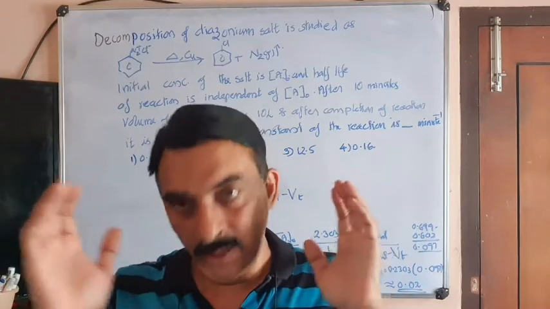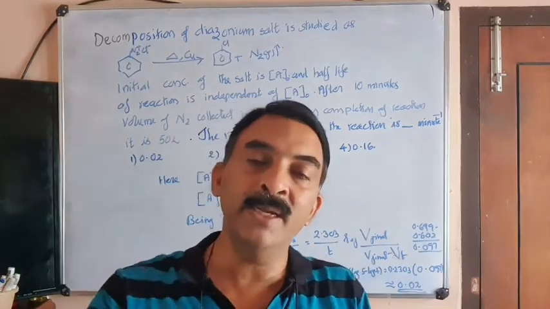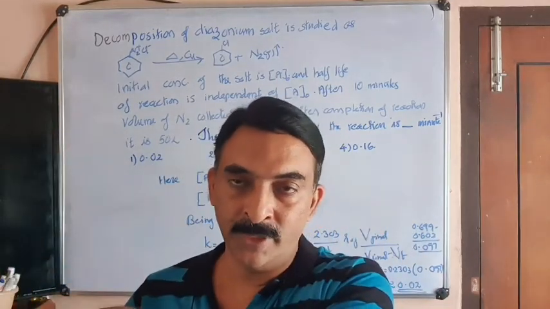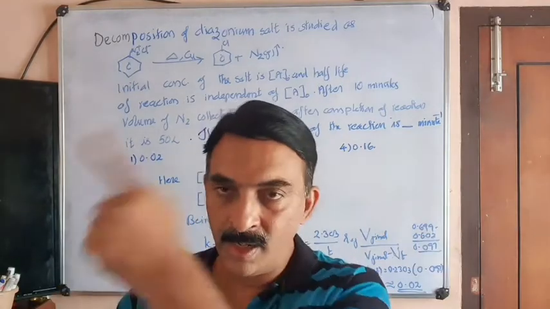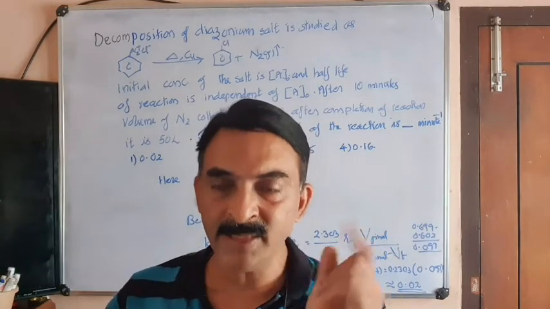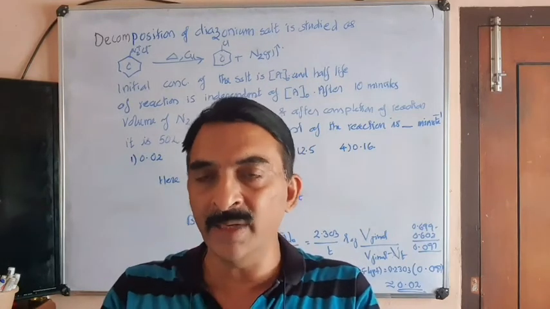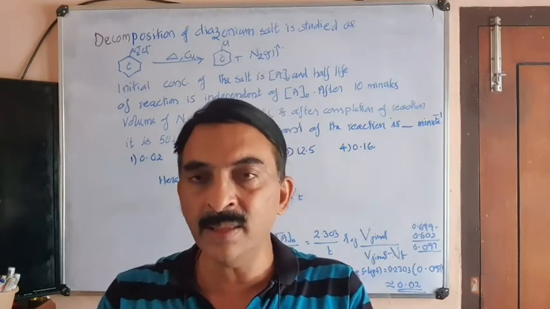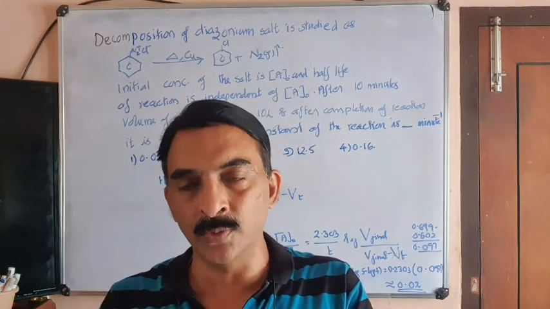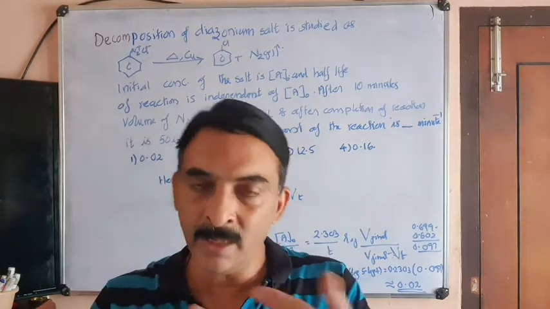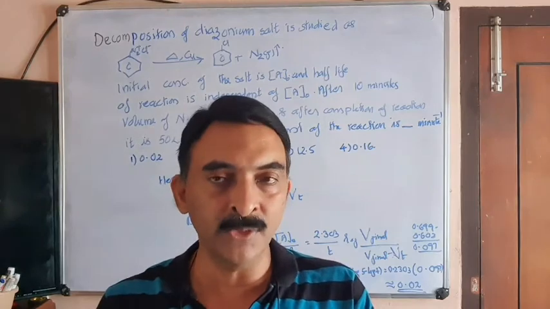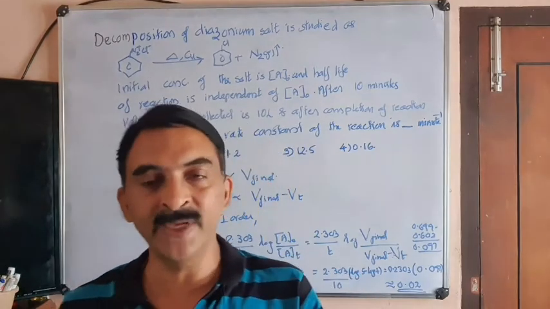So the final volume of nitrogen can be taken as proportional to the initial concentration of diazonium salt. One is volume, the other is concentration, no problem, we can connect. And the volume of nitrogen at the 10th minute will be proportional to the amount decomposed and not the amount remaining, isn't it?